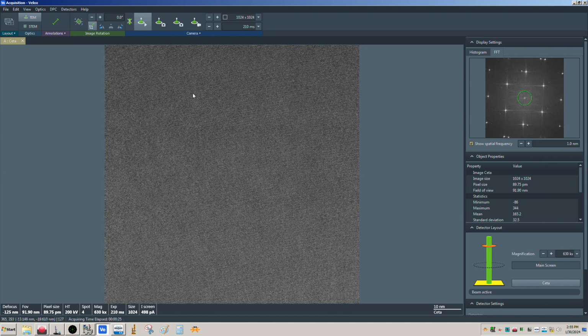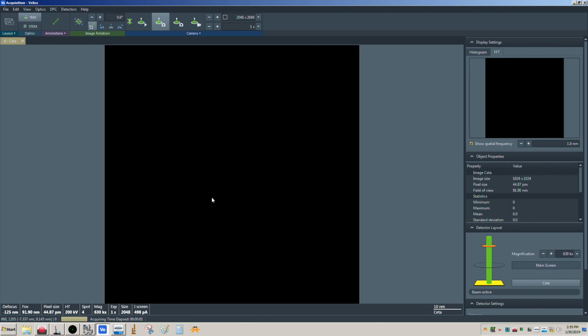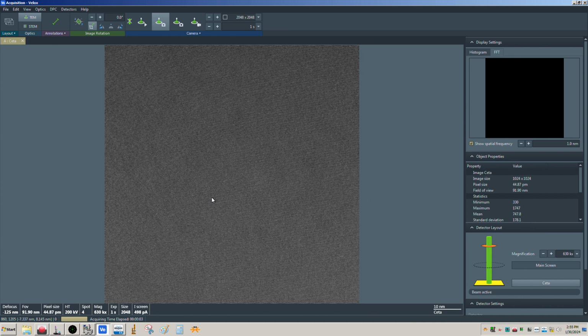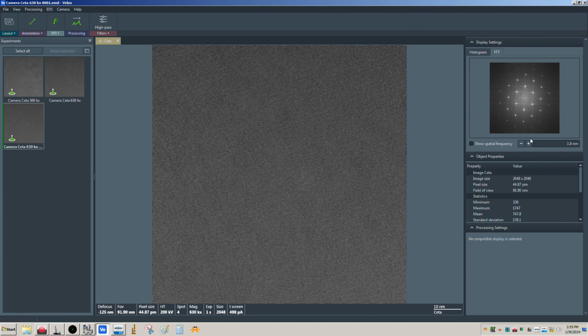Okay, let me try it again here. Okay, great. So you can see right here, 0.1 nanometers.